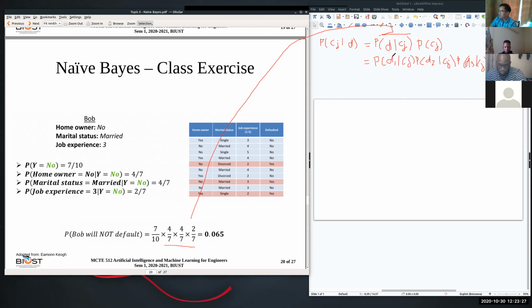Okay, so this part is the same as this part, again multiplied by the Cj.